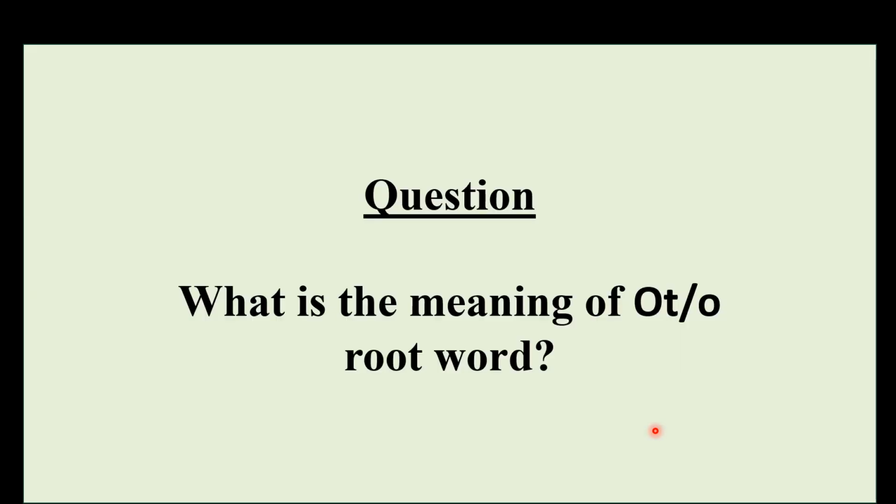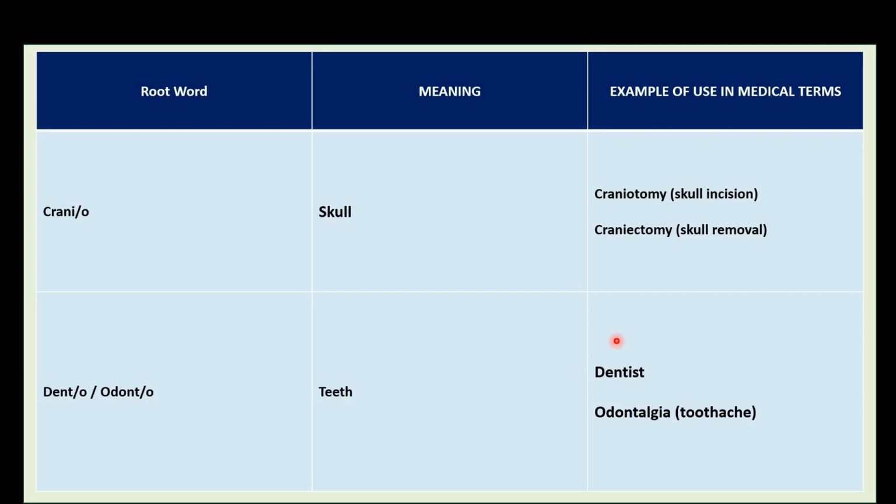So for today there is one question: what is the meaning of auto, which is a root word? You just need to write a short answer in the comment section, so that if someone is not aware of this answer, they can refer to it from the comment itself. In case you don't know the answer, you can watch the previous session, because there I have explained this in a detailed manner, and once you are comfortable with the topic, you can share your knowledge in the comment section.